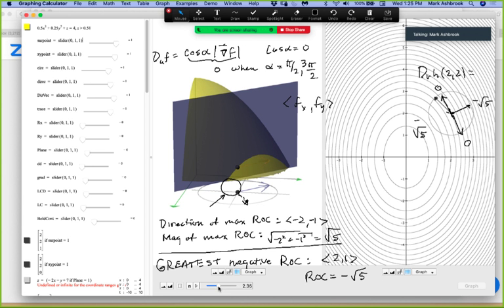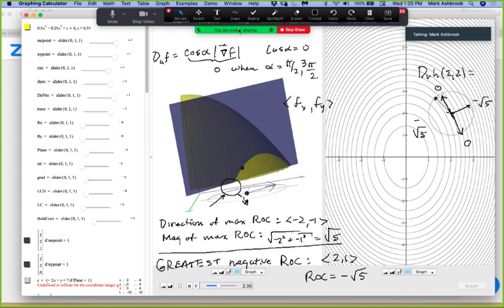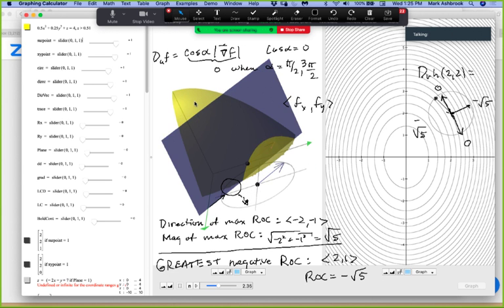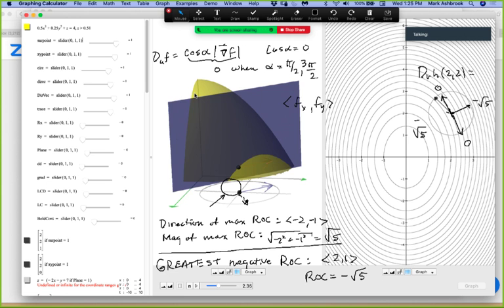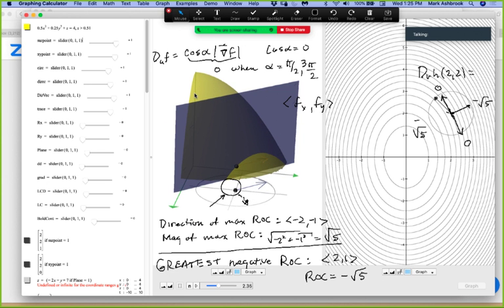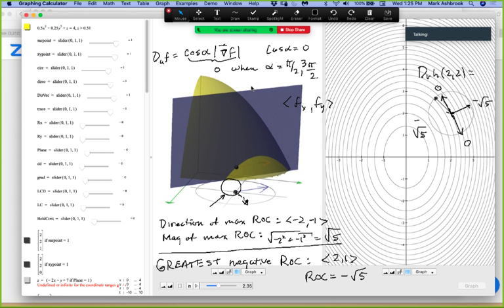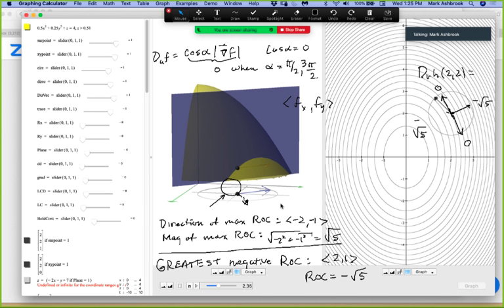That's about 3 pi over 4, say. Okay, so say we're talking about the angle of 3 pi over 4.